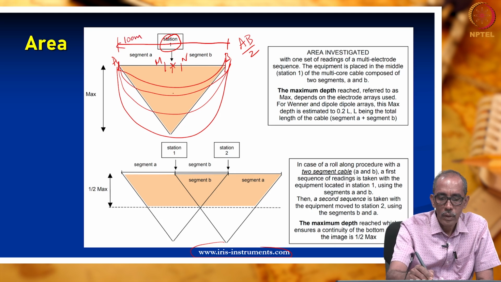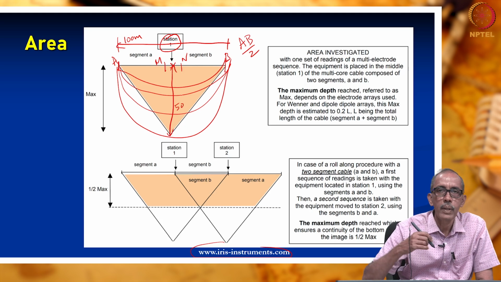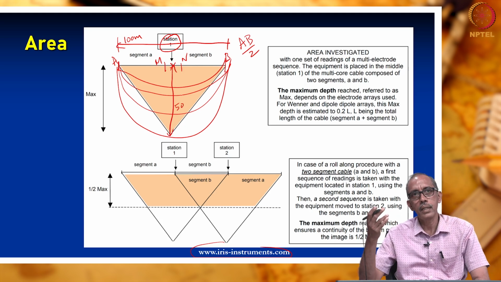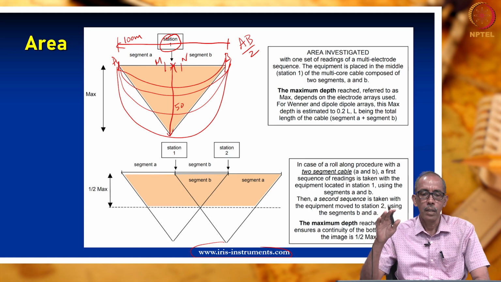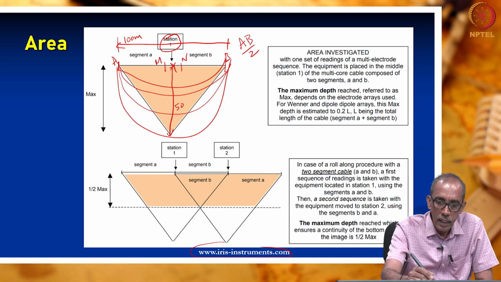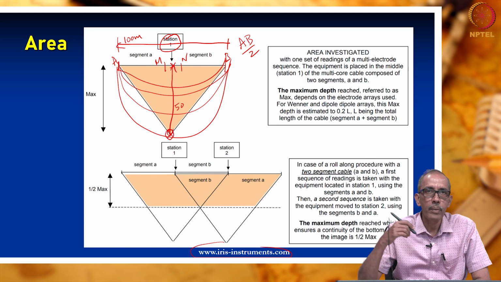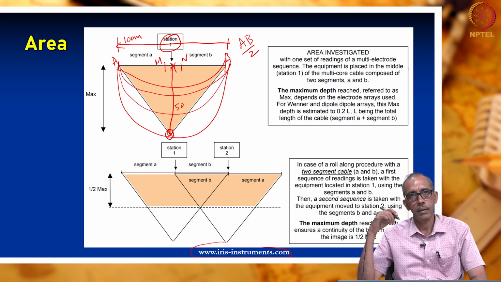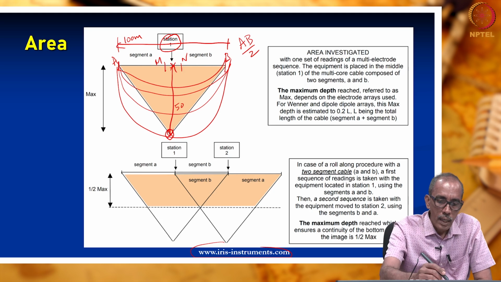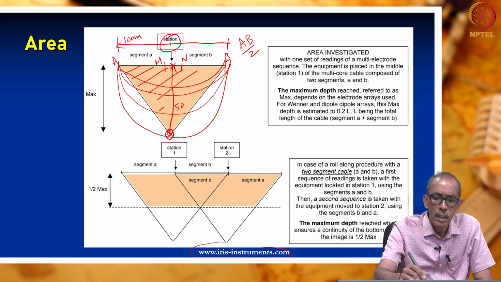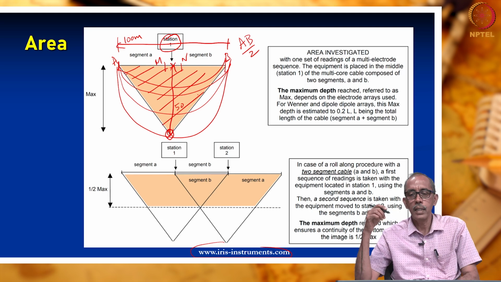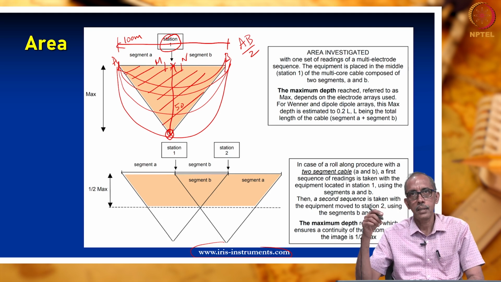Now, this point will be at what distance? It will be at 50 meters, because we know the depth of penetration is approximately AB by 2. So, for this center point, we have got a value of apparent resistivity from a depth of about 50 meters, which means approximately only this triangle has been investigated by us.